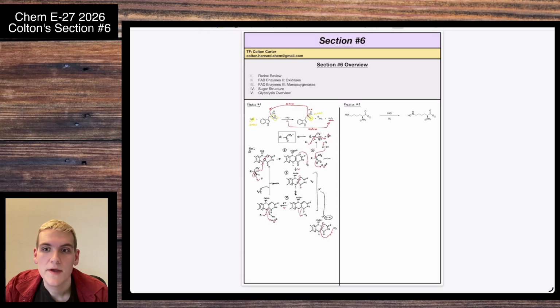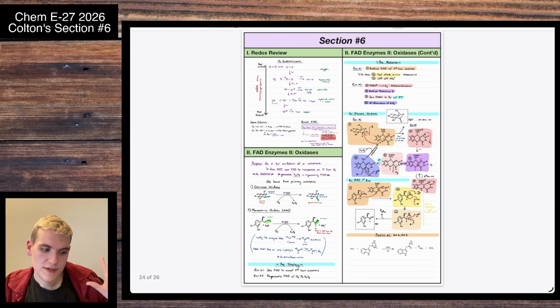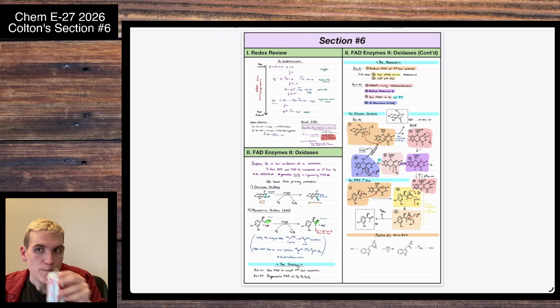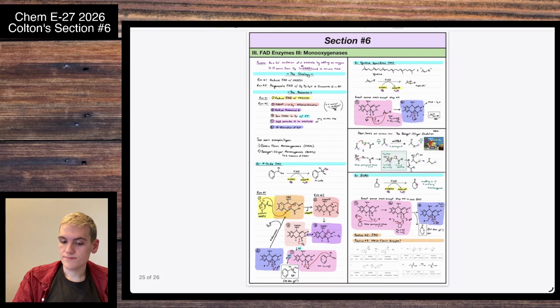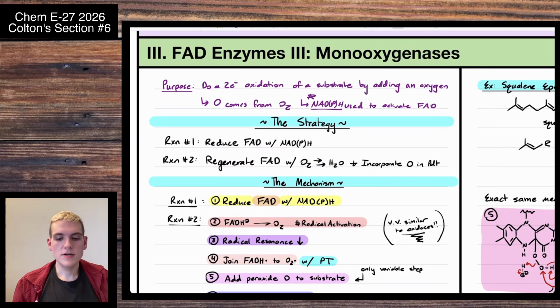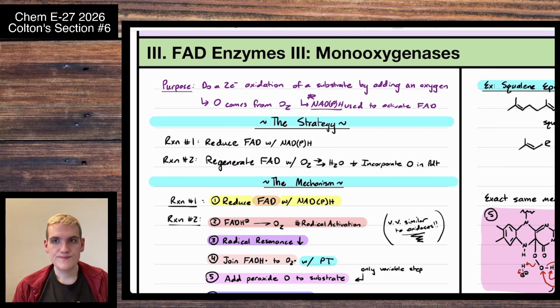Slide. Okay, so now, any questions on oxidases before we go to the last major FAD type, the monooxygenase? Okay. So, monooxygenases, zooming out, the purpose. Why do they exist?